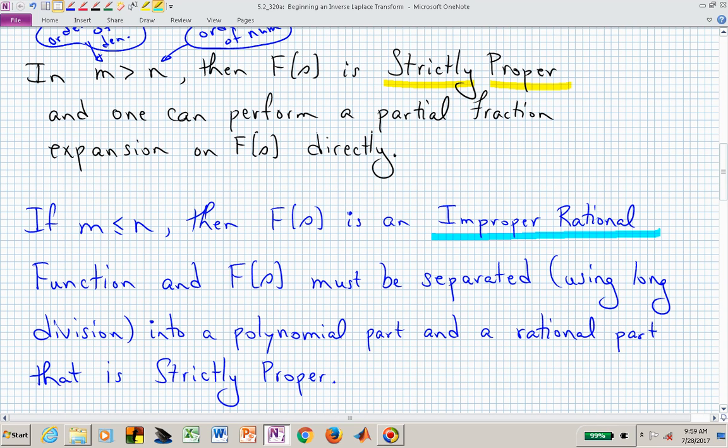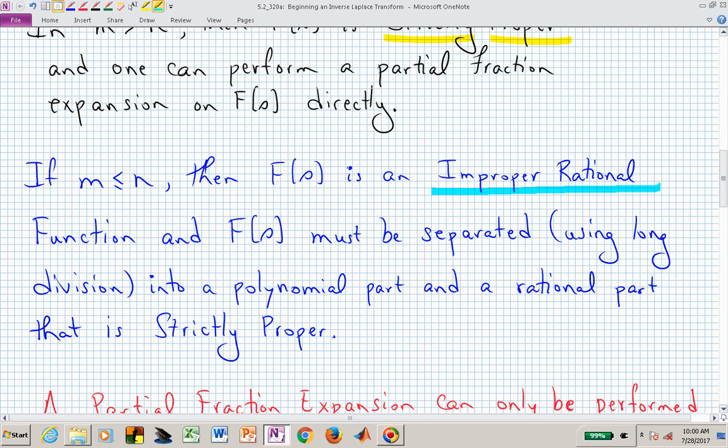When m is less than n, then F of s is an improper rational function, and we need to separate capital F of s into a polynomial piece, which we can find using long division, and the piece that we want to perform the partial fraction expansion on, which is the remainder term from the long division. Our numerator now will have an order strictly less than the order of the denominator.